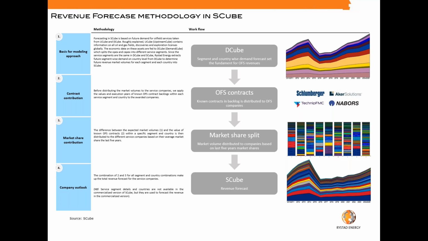And then if we combine bullet point 2 and 3 for all segments and countries, this will then make up the total revenue forecast for a specific service company, and we do that for all the 450 service companies in SCube.